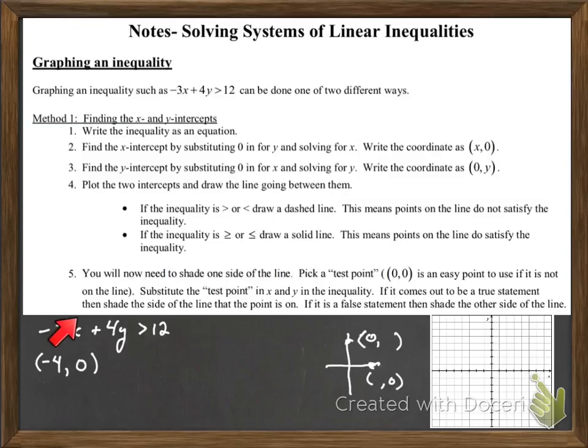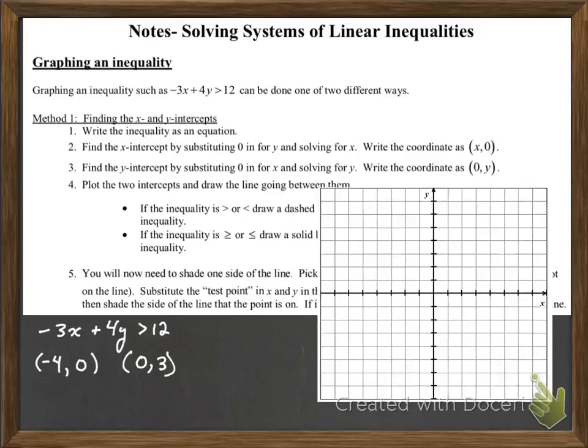That will leave you with 4y is greater than 12, which means y would be 3. So we now have 0, 3 and negative 4, 0. All we need to do is graph those 2 points. So let's go ahead and do that.